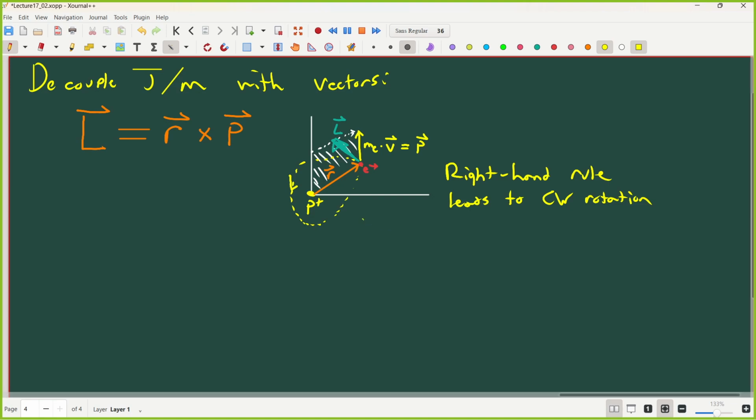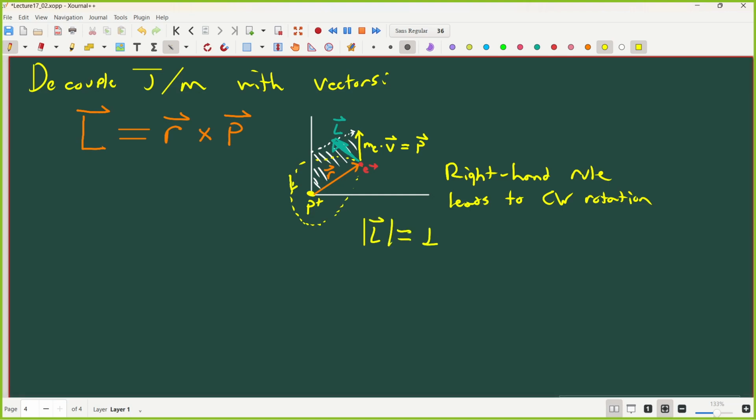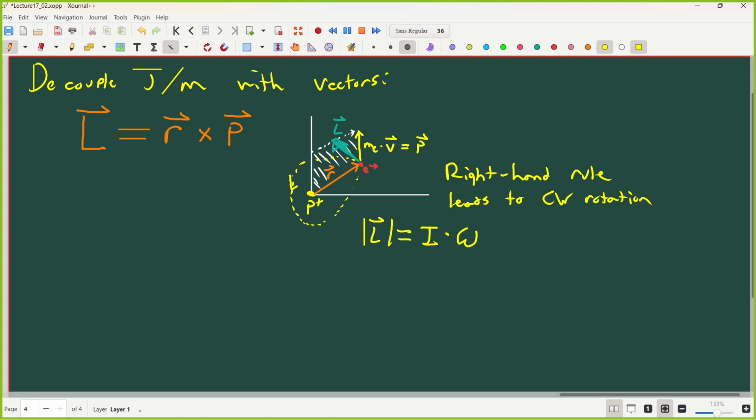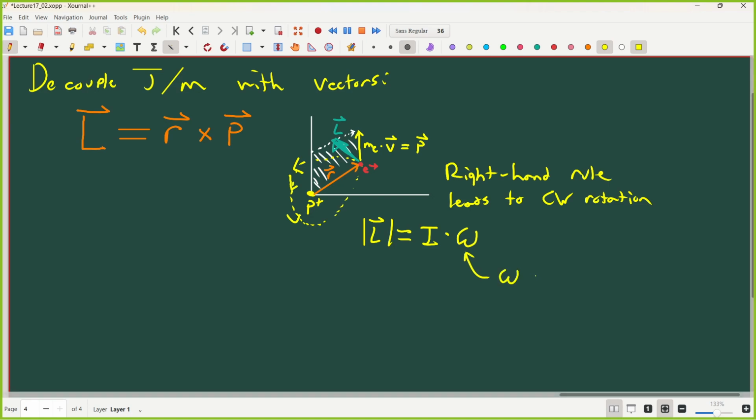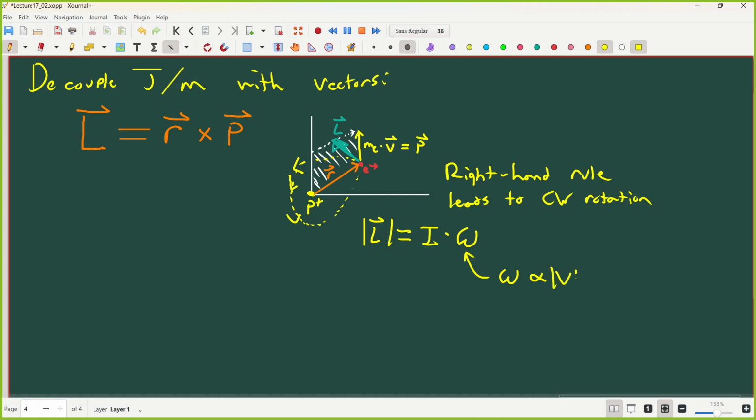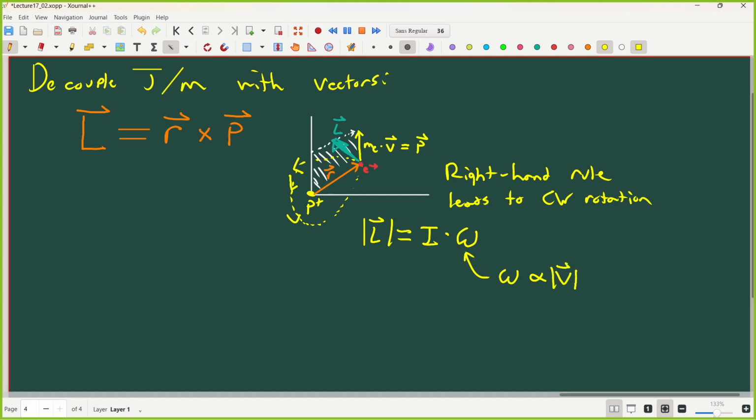And of course, the magnitude of the angular momentum vector is the effective mass of the system times the rate at which you spin it. That means that the angular velocity is proportional to the speed of the system.